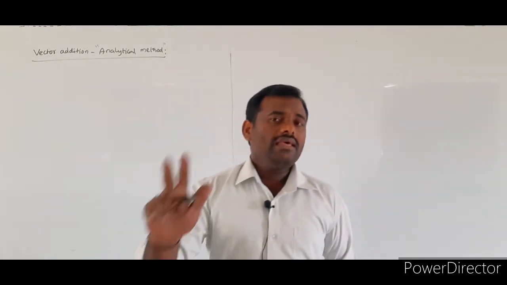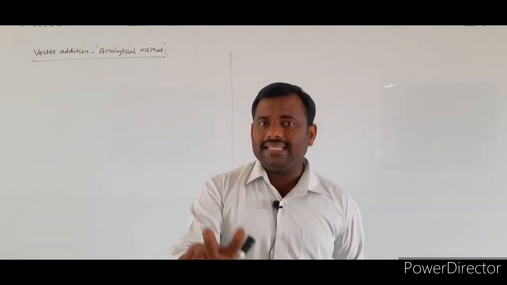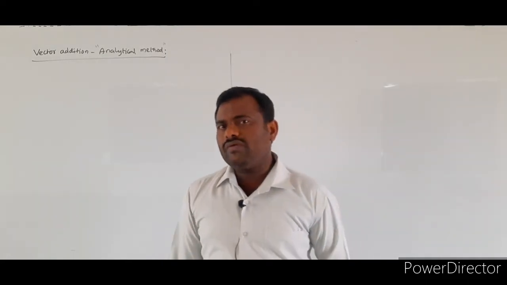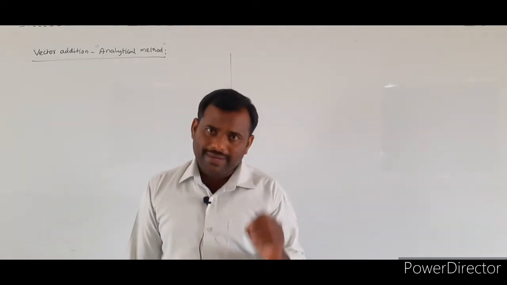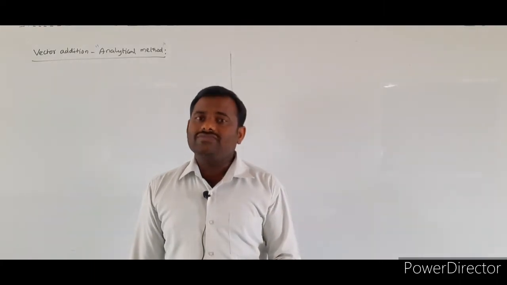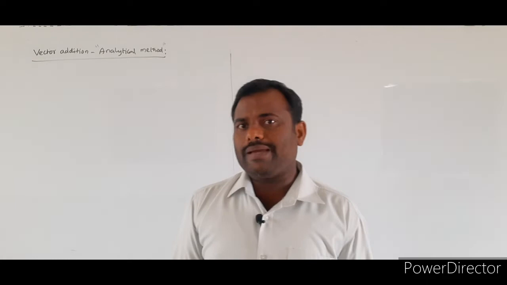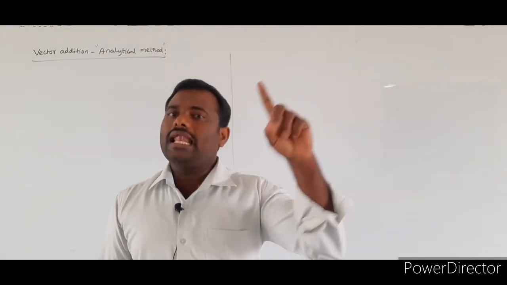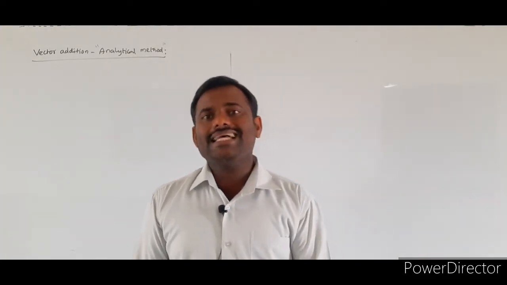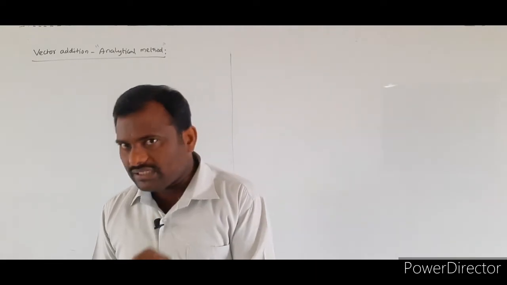Again repeating, if any two vectors are placed in the xy plane, those two vectors will have their respective x components along the x-axis as well as y components along the y-axis respectively.